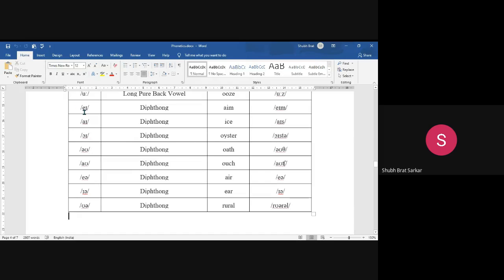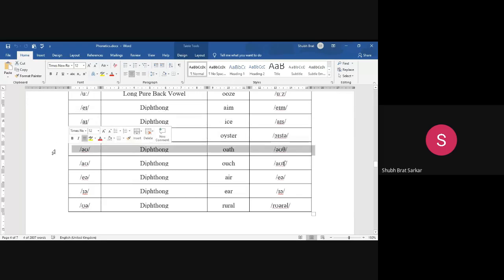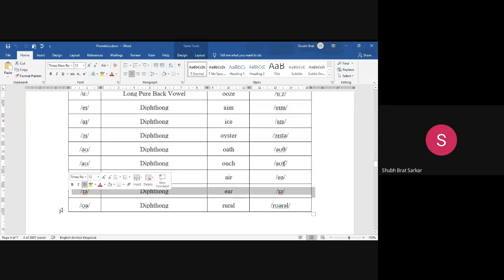So it moves from the position of e to ɪ to produce eɪ, a to ɪ to produce aɪ, ɔ to ɪ to produce ɔɪ, ə to ʊ to produce əʊ, a to ʊ to produce aʊ, e to ə to produce eə, ɪ to ə to produce ɪə, ʊ to ə to produce ʊə. Therefore, we have 8 diphthongs in English RP.